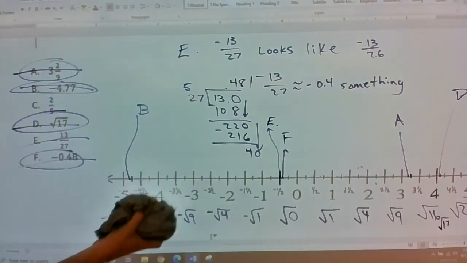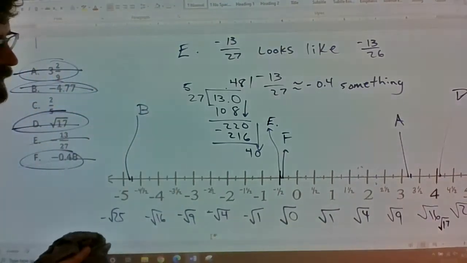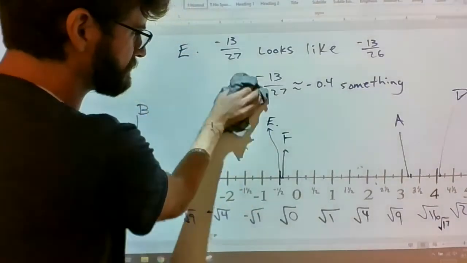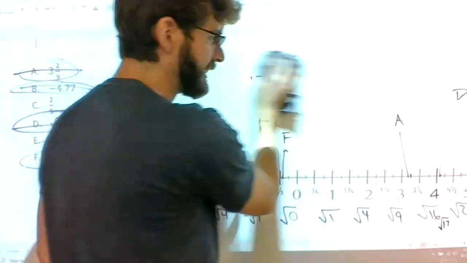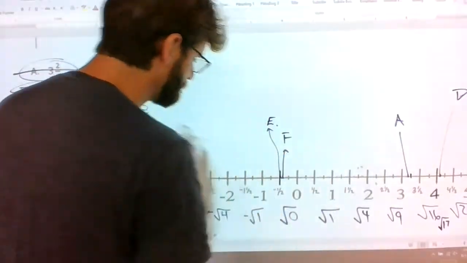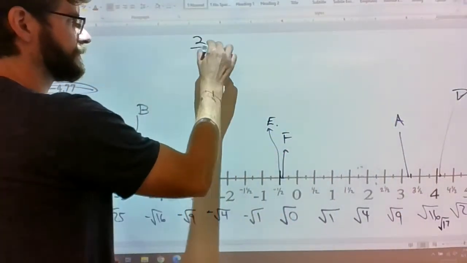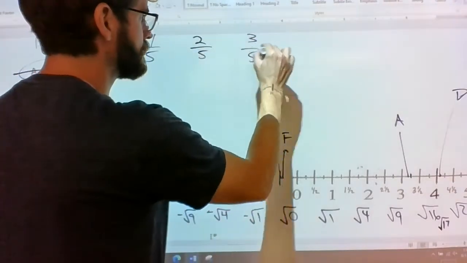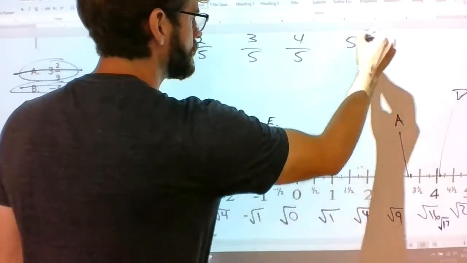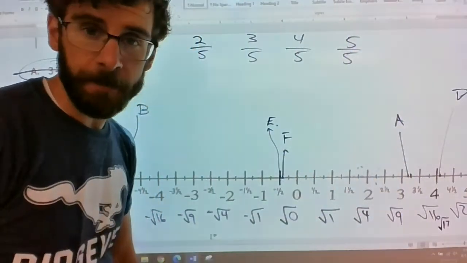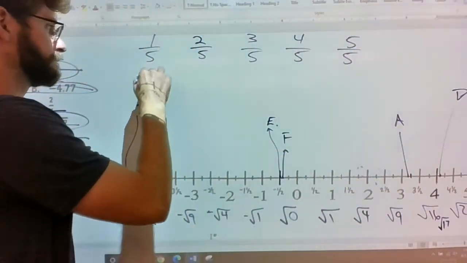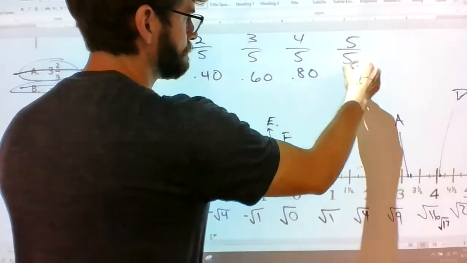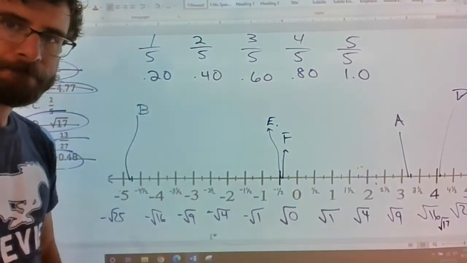And then on letter C, my hope is that you guys would maybe be able to just recognize 2/5 right off the bat. This is something you should commit to memory. Okay?